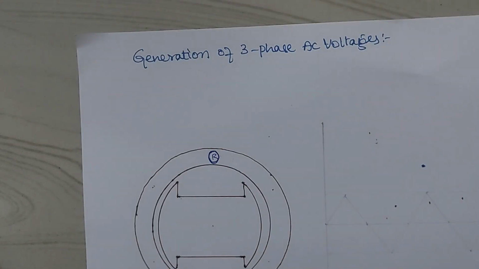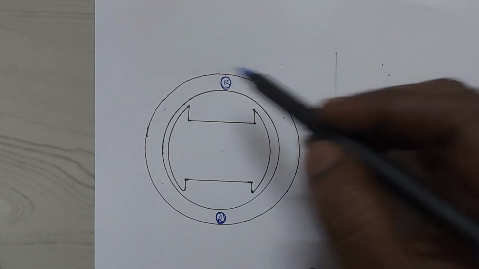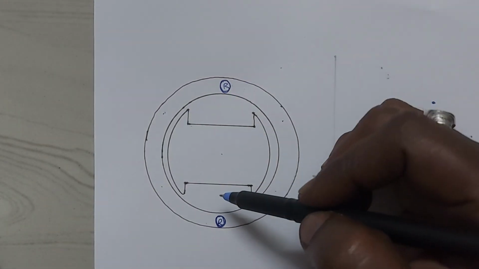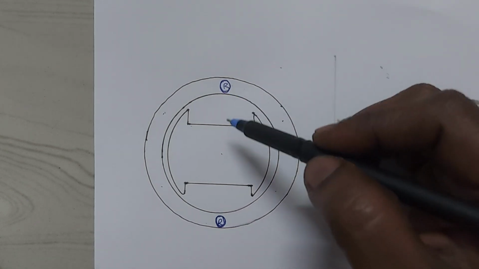Where is the second phase? Since it is a three-phase system, three windings are to be placed here. Each winding will be placed 120 degrees apart.